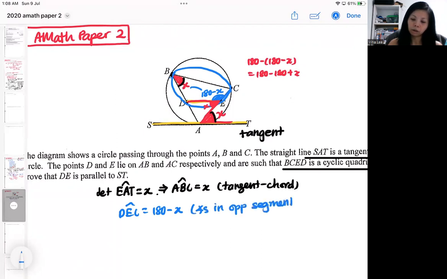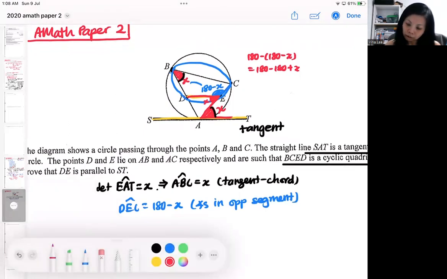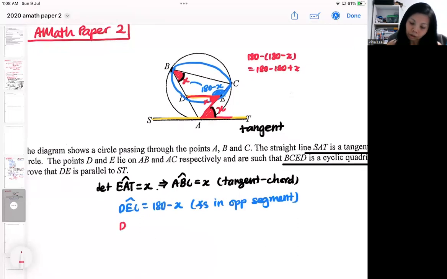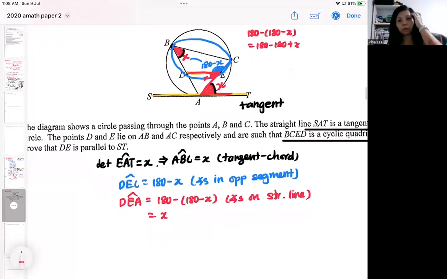Each algebra should be accounted for by a certain property. Eventually I got the x here, DEA, from angles on a straight line. It's a very simple statement, but every algebra should be accounted for by some property.